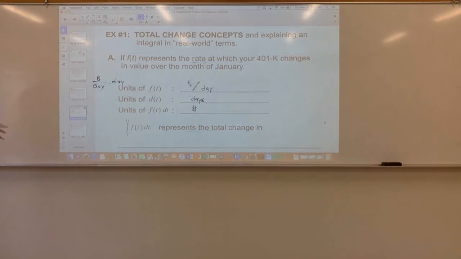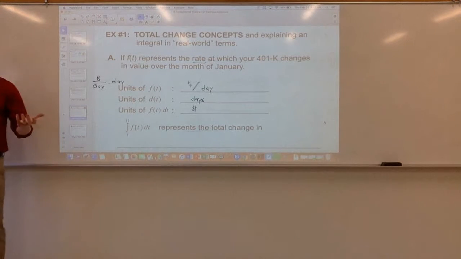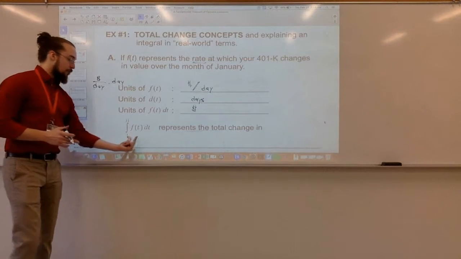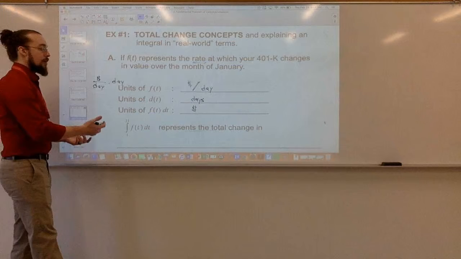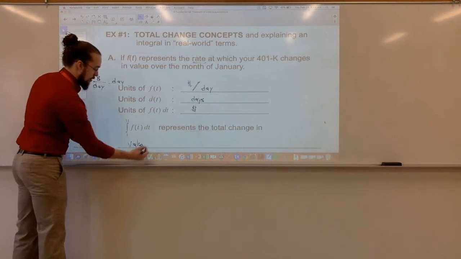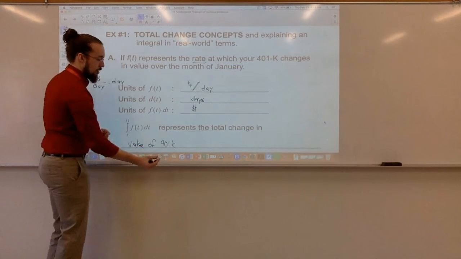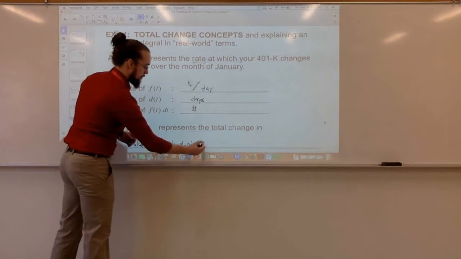So what this is all getting at is that when I take the integral of a rate function, I just get the total change of something, the net change. So the integral from 1 to 31 of f of t dt would represent the total change in value of the 401k during January.